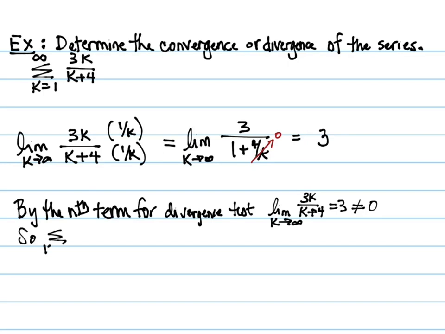So the summation from k equals 1 to infinity, I did it with 1 here, of 3k over k plus 4 diverges.